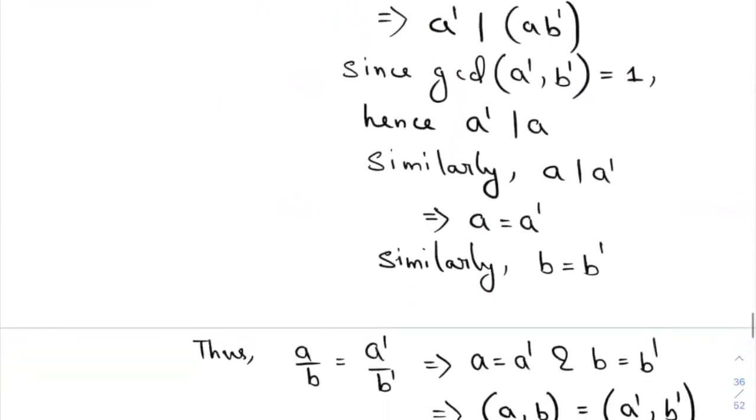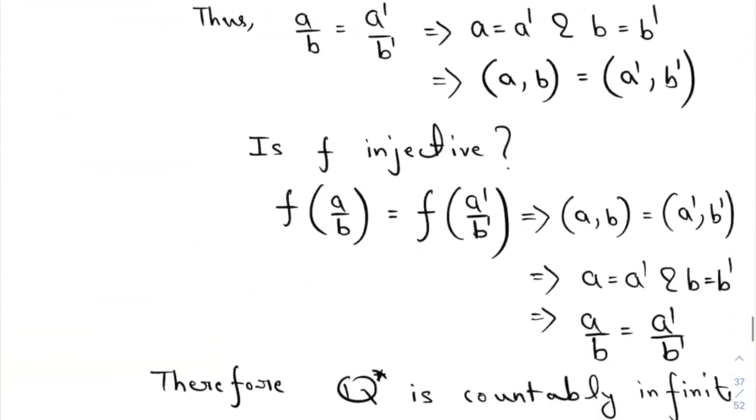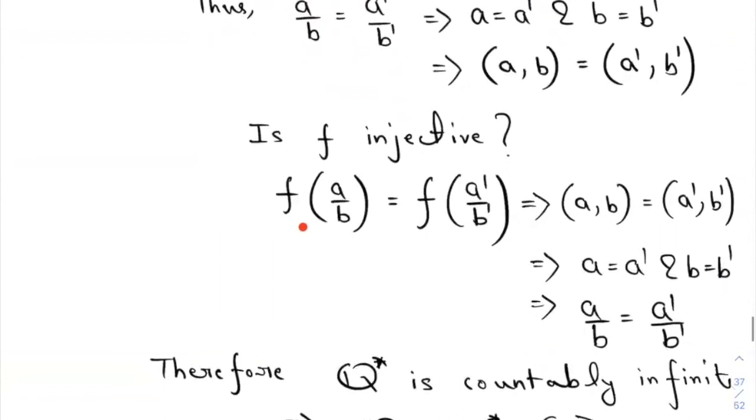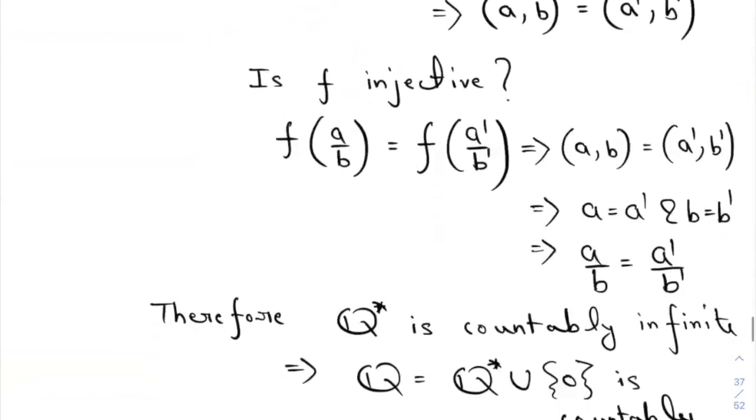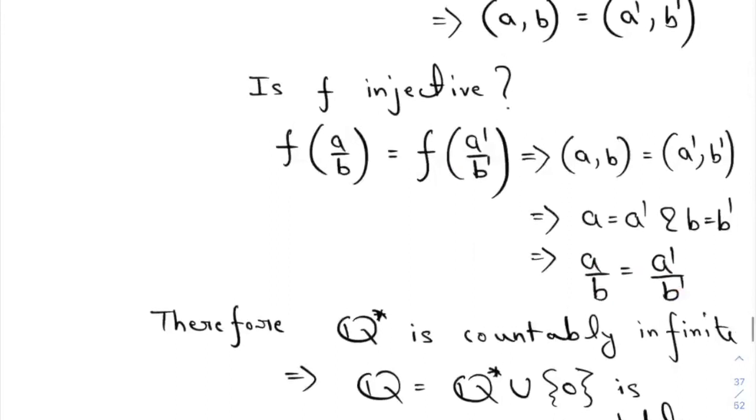Now, showing that F is injective. I have to now assume that the images are the same, and from there it should follow that A over B is equal to A dash over B dash. And this is actually simpler, because by definition, F of A over B is mapped to A comma B, and A dash over B dash is mapped to A dash comma B dash. So their images are the same.